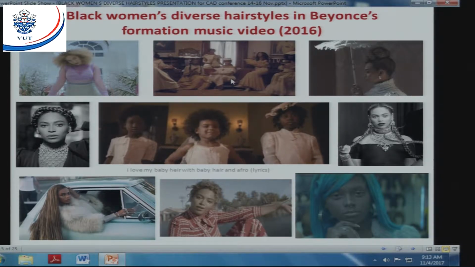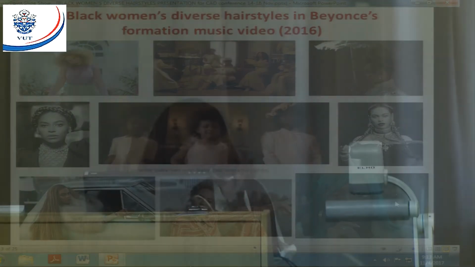Altered hairstyles in the music video are seen where Beyonce has long blonde braids, and where she represents herself in a blonde lace wig, and also the women with a blue weave. So this music video covers both diverse hairstyles.